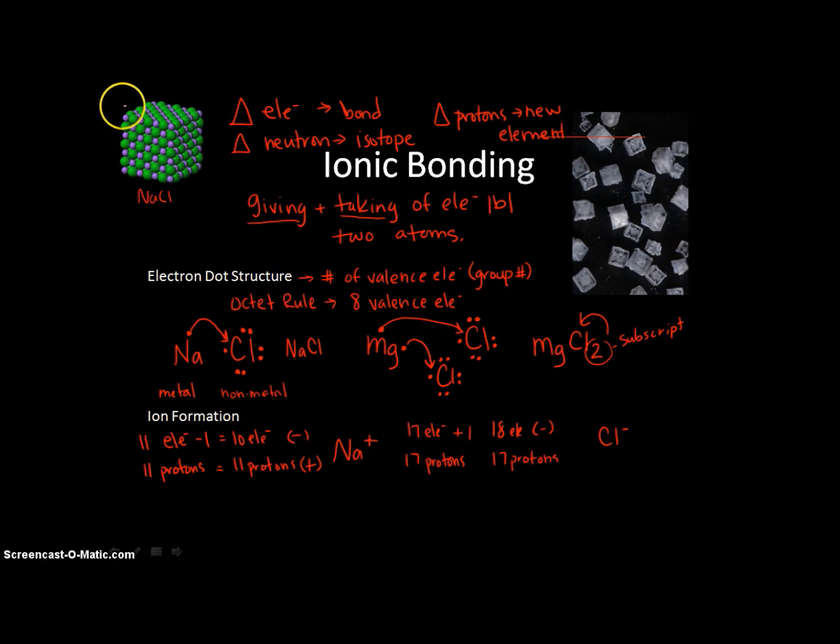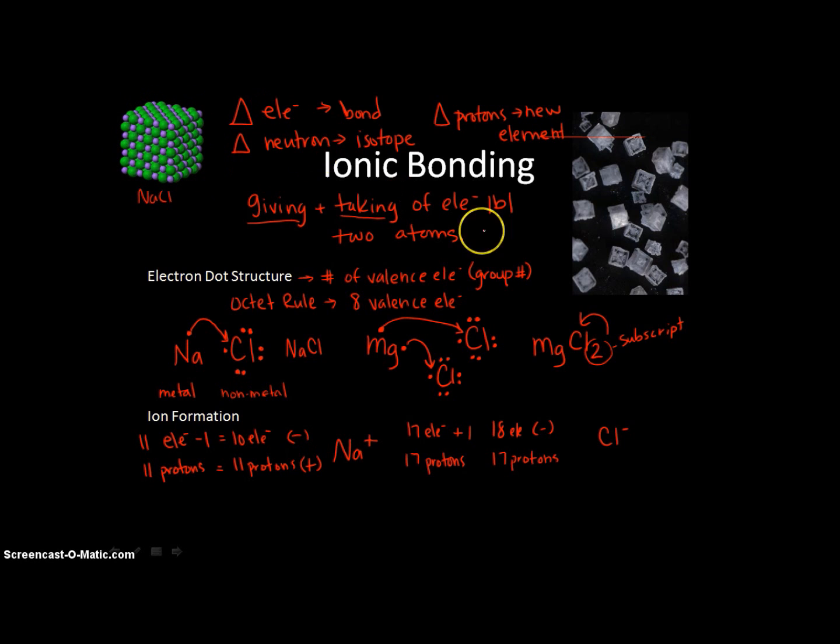If you look up here, these are actual little atoms of sodium and chlorine. Sodium has a smaller atomic radius, so the little purple ones are sodium and the bigger ones are chlorine. There's a 1-to-1 ratio, and they're attracted to each other magnetically with that positive and negative charge, and they form a cube.